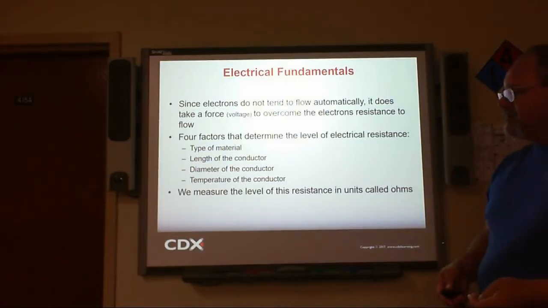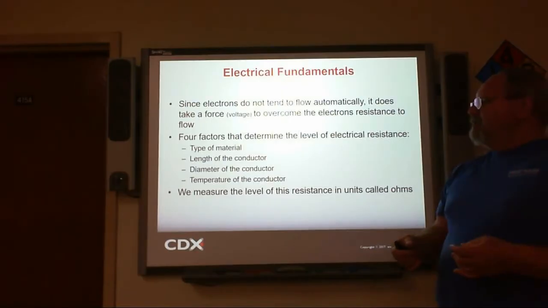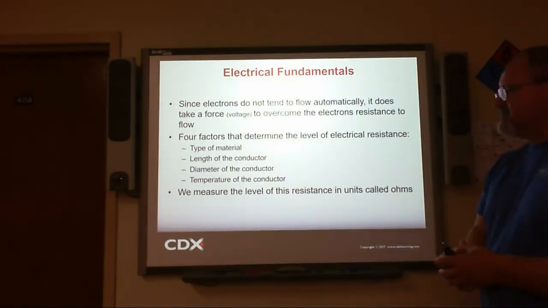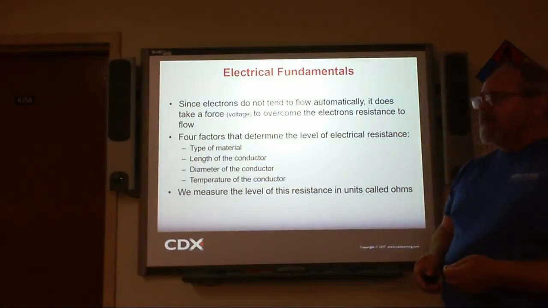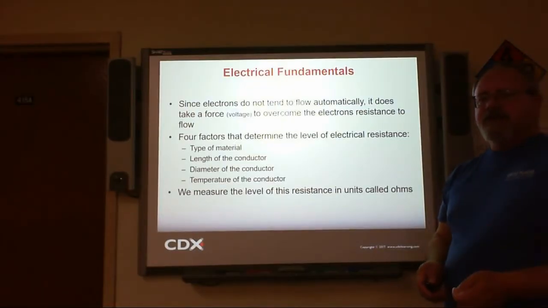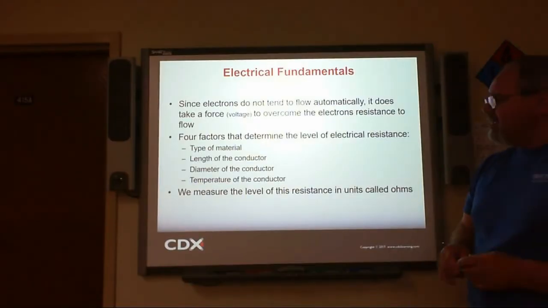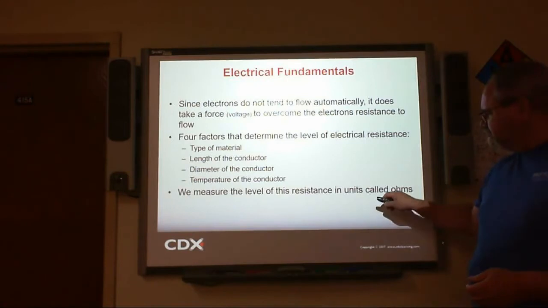But then the length of the conductor: the longer the wire is, the more resistance it will have. The larger the diameter of the conductor, the less resistance it will have. And resistance also varies with temperature. Most elements, as the temperature increases, so does the resistance to electrical flow. Now, the resistance we measure in units called ohms.